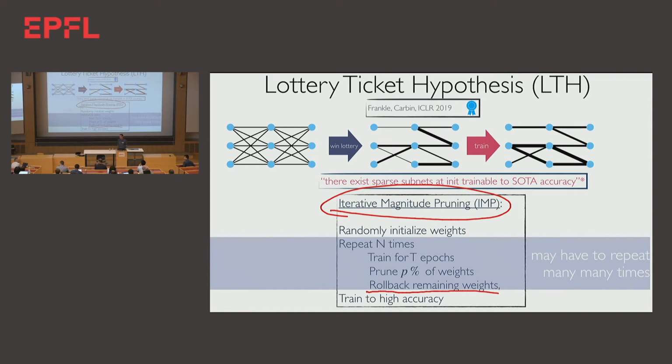If you train it several times, do the same weights stay, or do you just independently do this procedure several times? Typically, you get very different subsets of weights. Even if you start from the same initialization? Yeah.